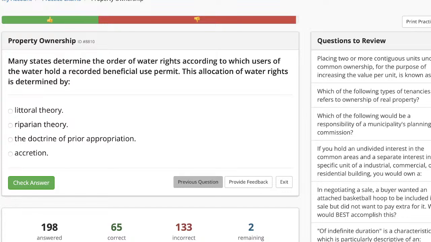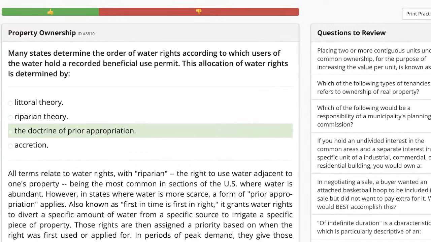Many states determine the order of water rights according to which users hold a recorded beneficial use permit. The allocation of water rights is determined by A, littoral theory, B, riparian theory, C, the doctrine of prior appropriation, or D, accretion. The answer is the doctrine of prior appropriation.